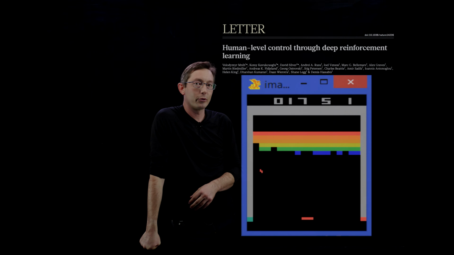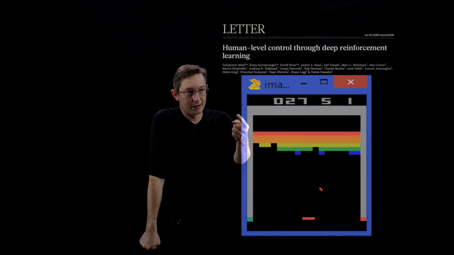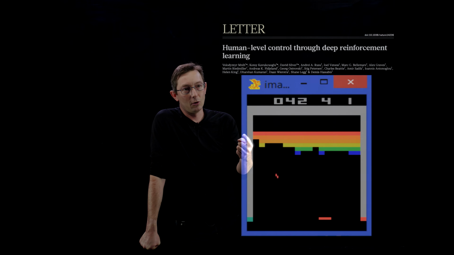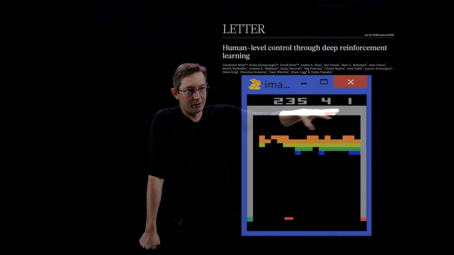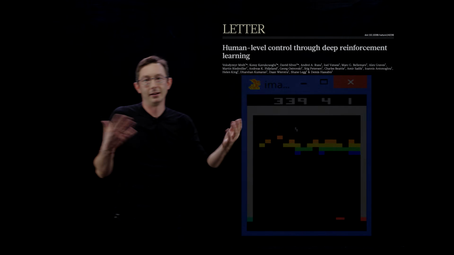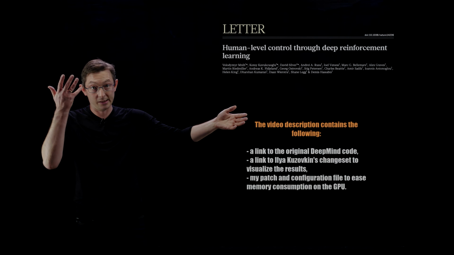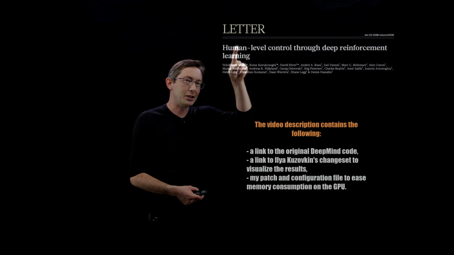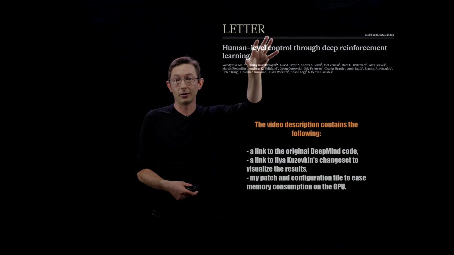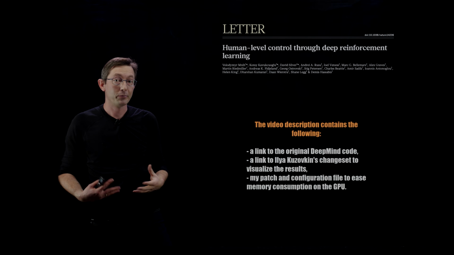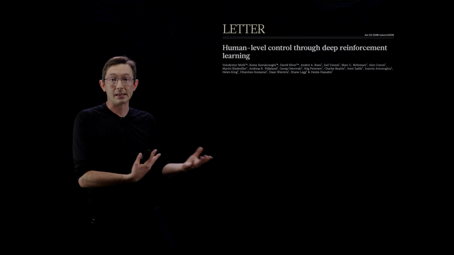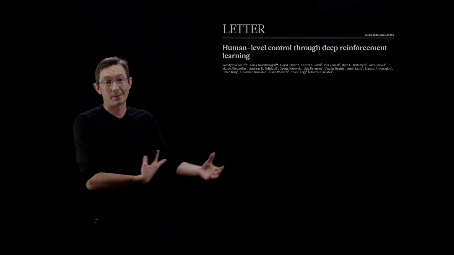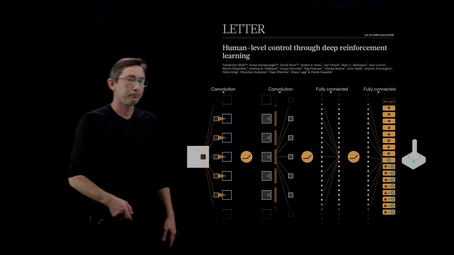And it actually learns some pretty interesting things, that it should eventually drill a hole in one side here, and then it'll basically work itself out. And that's the most efficient way to increase its reward, which is really cool. That's why they say human level control, because this algorithm, this deep Q learner, is exploiting the physics of the game to get solutions that only expert humans would find.